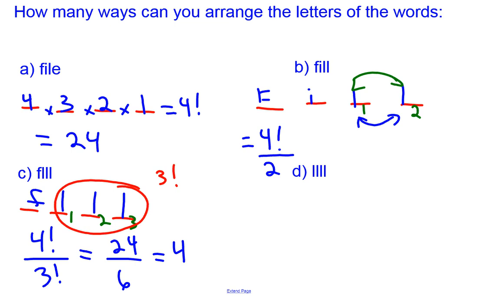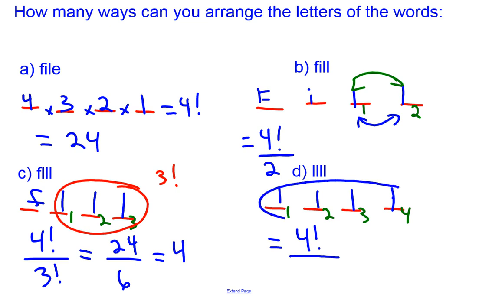Same sort of thing here with 4 L's now. If we put an L in each one of these locations, we can swap those 4 L's around, and no matter where we move the L's, we still get the arrangement L, L, L, L. Continuing with the pattern we've seen so far, the number of arrangements we can make with 4 L's is 4 factorial divided by the number of arrangements of these similar letters.